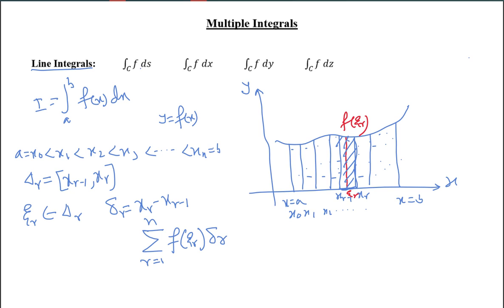We select small delta as the maximum of delta 1, delta 2, delta 3 up to delta n. If we take the limit as delta tends to 0, it means the interval length is very close to 0, that means n will tend to infinity.